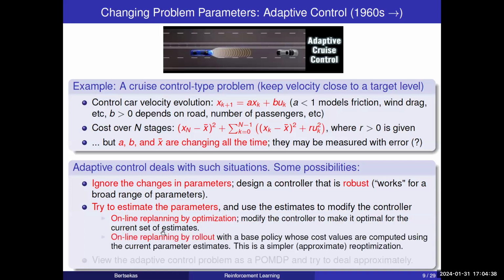Again, we can do online replanning by some suboptimal method, like rollout. It's a very good alternative to reoptimization and faster. Rollout with a base policy, which cost values are computed using the current parameter estimates. So this is rollout using the estimated values that you get from the estimator. So this is a simpler and faster reoptimization.